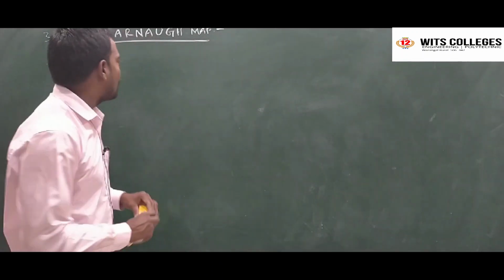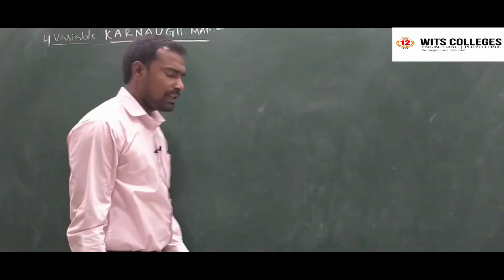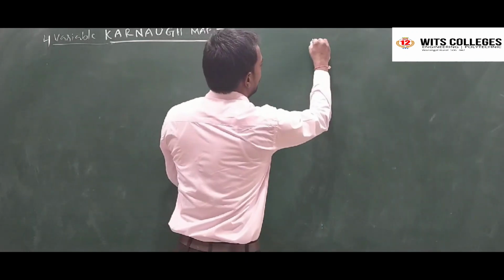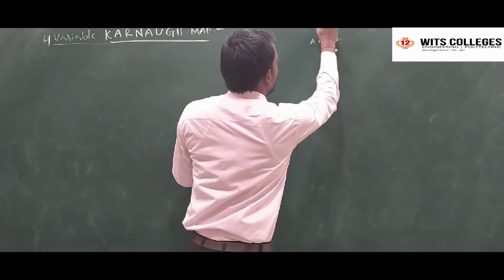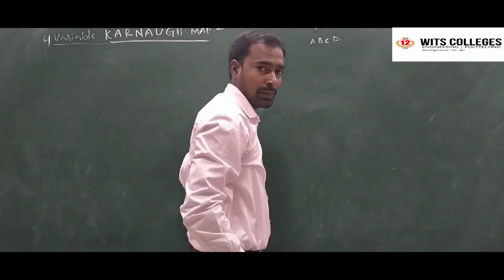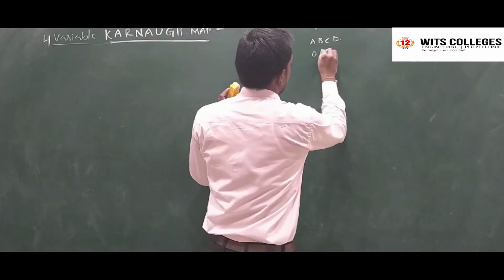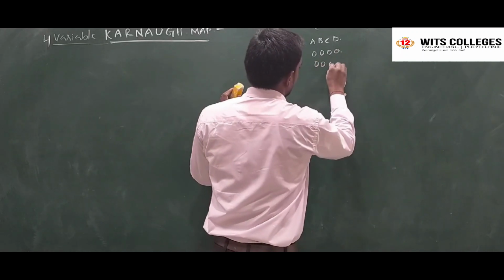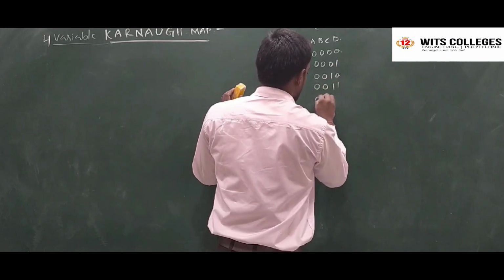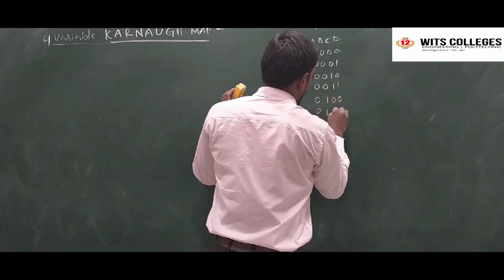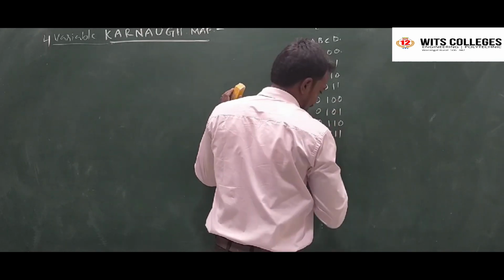Next, coming to the four variable K map, when we take the four variables like a b c d, we will get 2 to the power of 4 is equal to 16 combinations, like 0 0 0 0 and 0 0 0 1, 0 0 1 0 and 0 0 1 1, 0 1 0 0, 0 1 0 1 and 0 1 1 0 and 0 1 1 1.